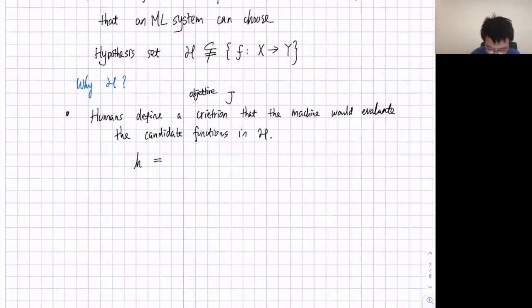So we say we minimize J of H, where H is in my hypothesis set. Given the hypothesis, I have a criteria, a goodness or the badness of this function. I want to minimize the badness. If you minimize something, it's also known as loss. We have a lot of terminologies, but they're just standard.